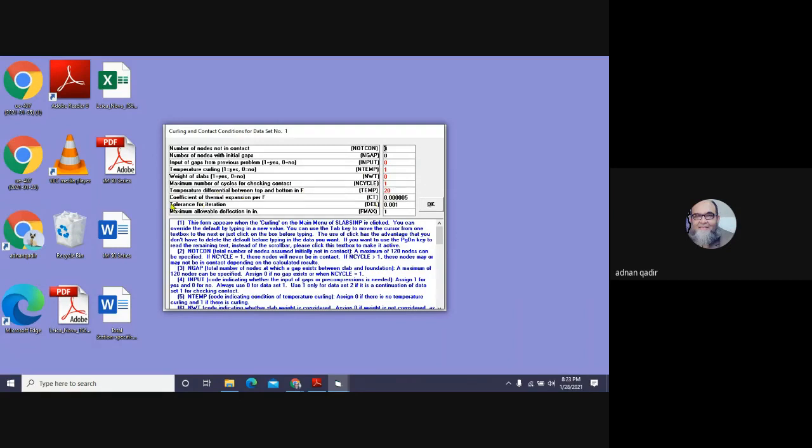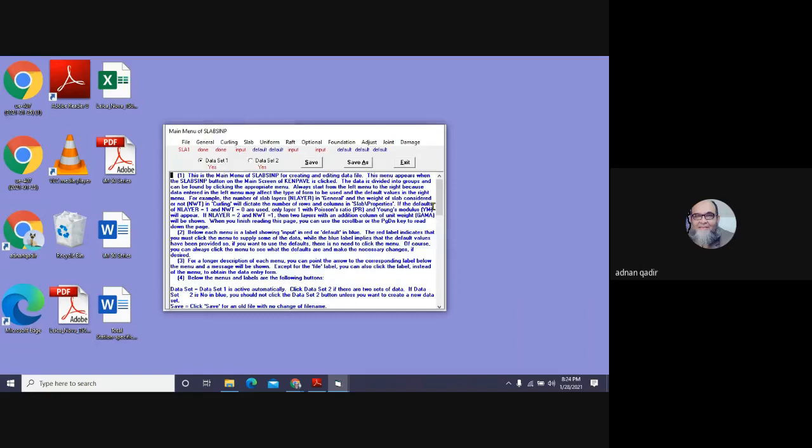We always know the coefficient of thermal expansion, that is this default value, and the maximum deflection is in 1. Whenever you are using this software for the first time, don't try to change the defaults much. So that's okay here.